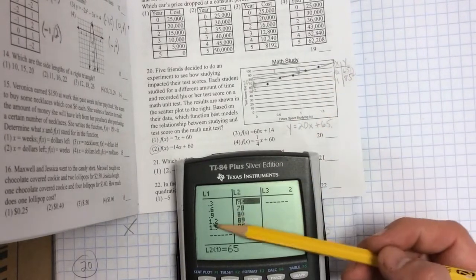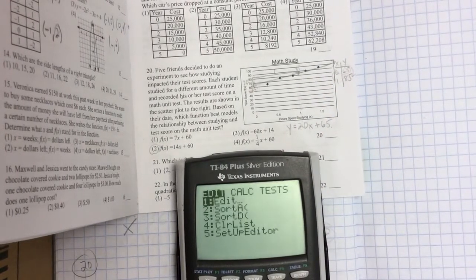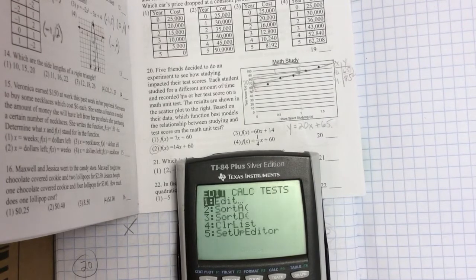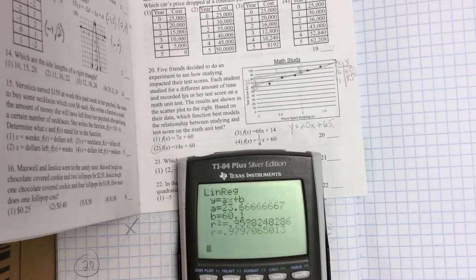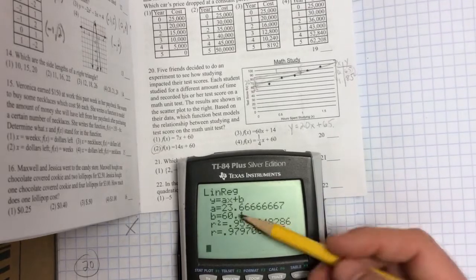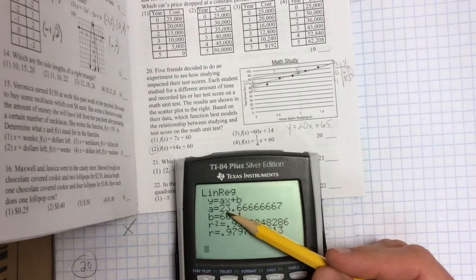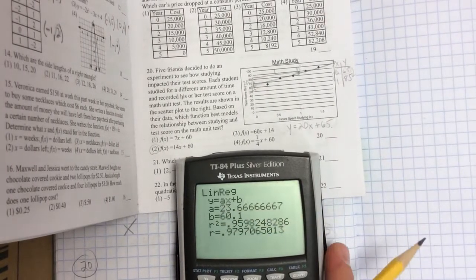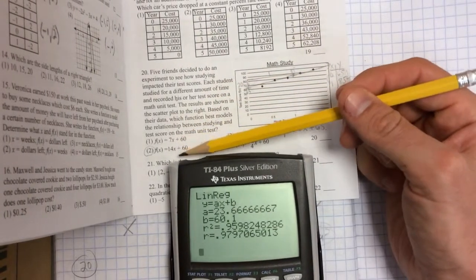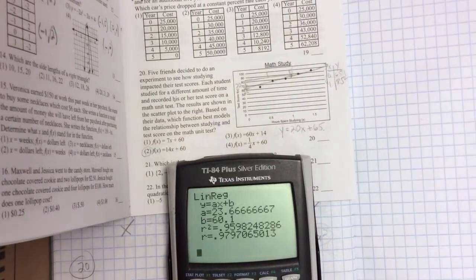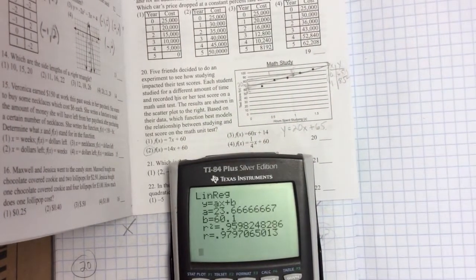I put in the 5 points, and then I just went to stat, calc, linear regression, and when I did it, I got the y-intercept to be 60.1 and the slope to be 23.6, which is pretty close to mine. But again, this one's not really exactly it, but it's the closest. So choice 2 seems best, but again, it's not fantastic.